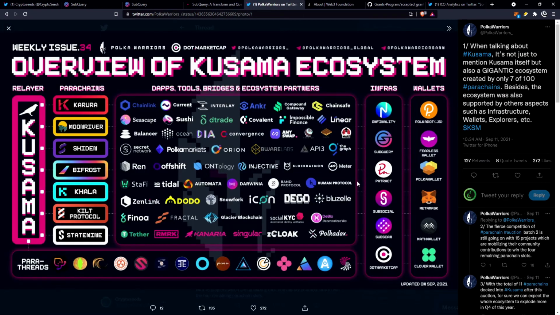And regarding this, you can see over here an overview of the Kusama ecosystem. In infra, we have Subquery, and it is connected to most of the DApps. Subquery can be used by parachains, or it can be used by parathreads. Since it's an infra project, anyone can use Subquery on the Polkadot ecosystem. So that's a major thing.